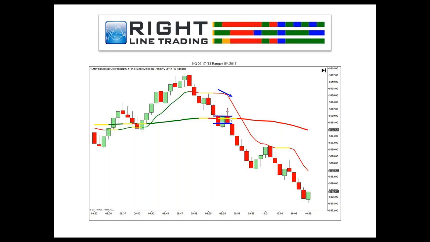Now, we abandoned it because, for one thing, the tighter the modified 15 is to the 50, the higher the probability of the trade. And the other thing that we never looked at was to make sure that the slope of the modified 15 continues to fall throughout this price movement sideways.